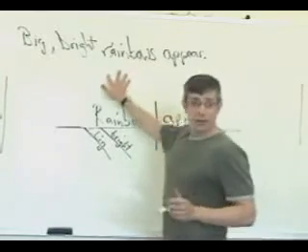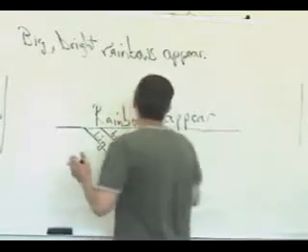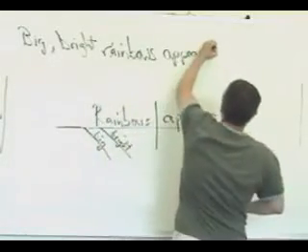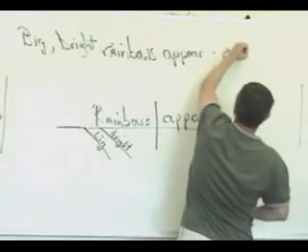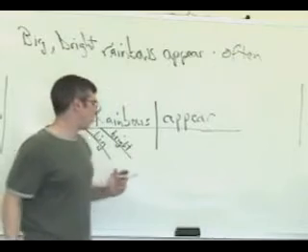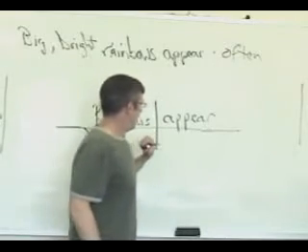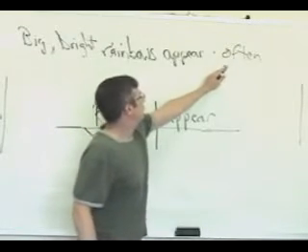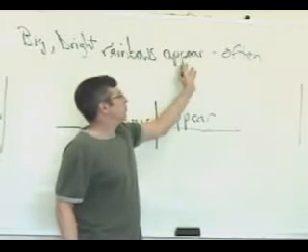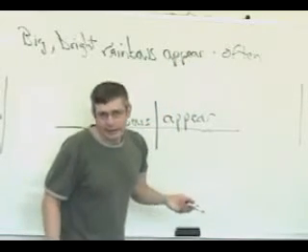Now supposing we can go even further. Supposing big, bright rainbows appear often. Well, often is modifying what? It's saying appear, here's the verb appear, when?